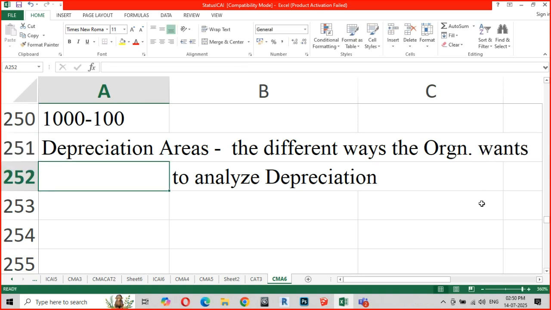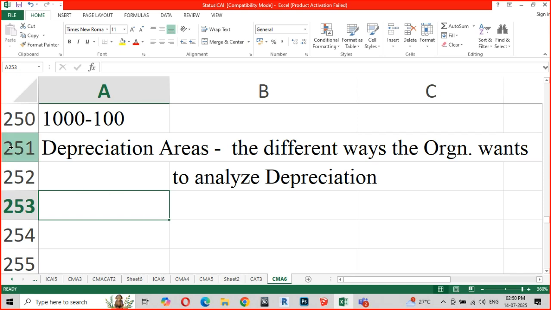The different ways any business organization wants to get the information about depreciation or wants to analyze the concept of depreciation. This is your depreciation area. Clear? So slowly see how we are moving on.